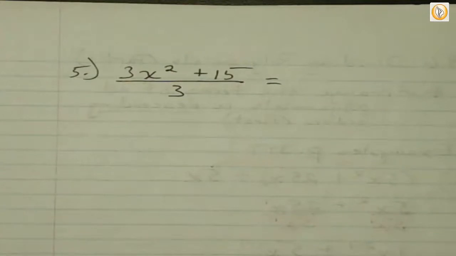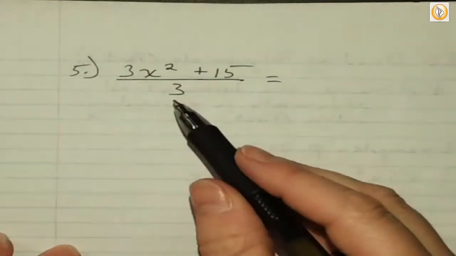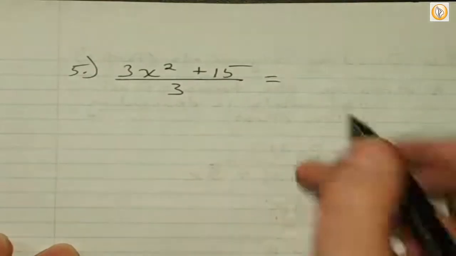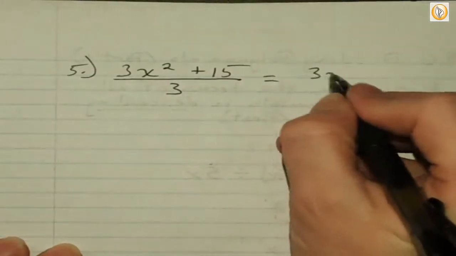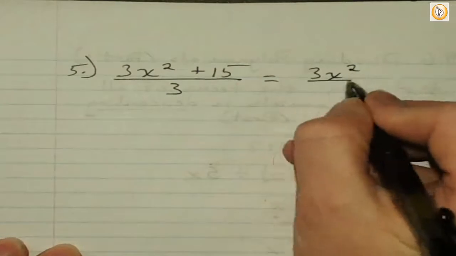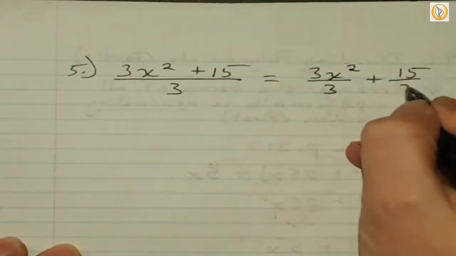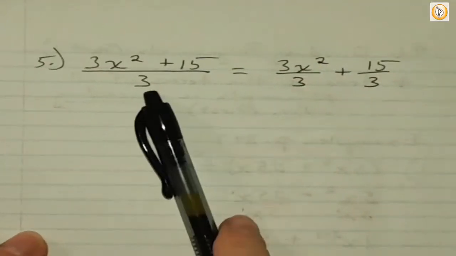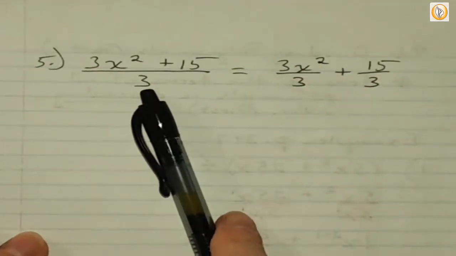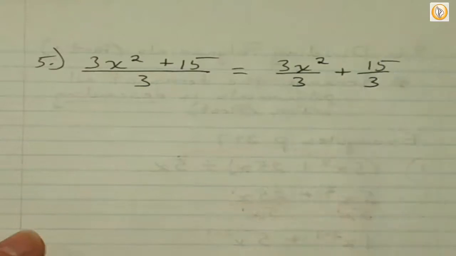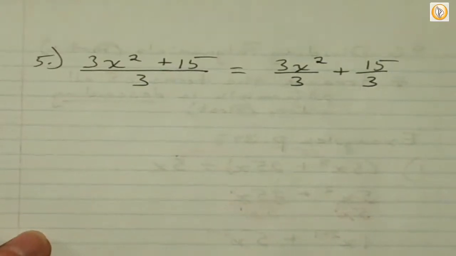All right, in this case, they already have the 3 below, but all you have to do is split that up and have 3 there, and then have 3 under this term. You can absolutely take the 3 in the denominator and just break it up and stick it under each term. Do y'all see that? Then it makes it a lot easier.